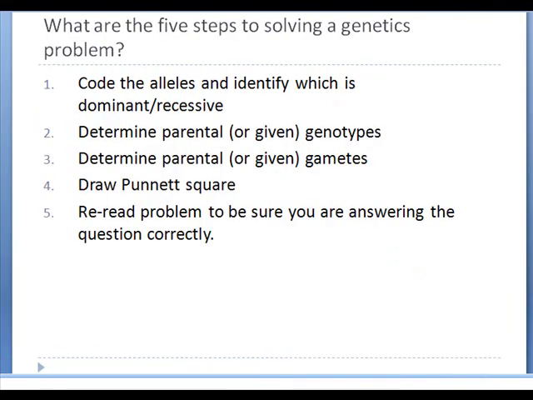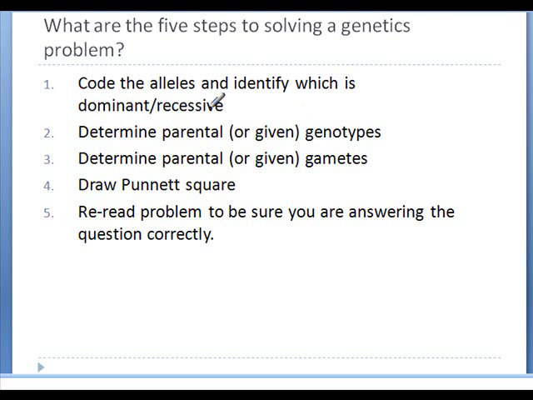Okay, in the next couple of slides, I want you to understand the five steps that are involved to solve any genetics problem. So for the first, the rule is to code the alleles, identify which is dominant or recessive. For example, we said earlier about the earlobes, attached or unattached, the pea pod color, the flower color.